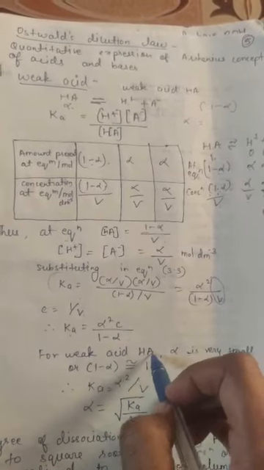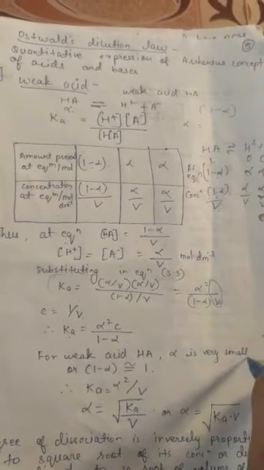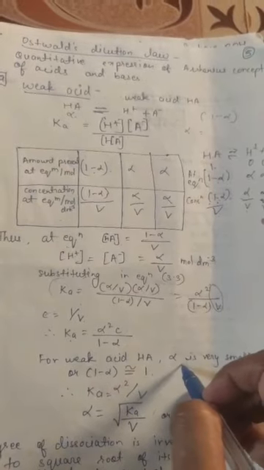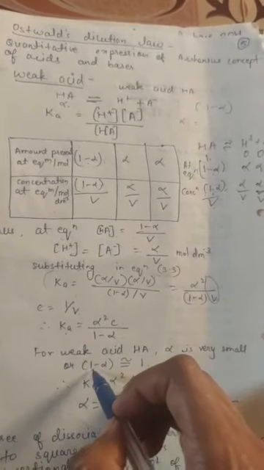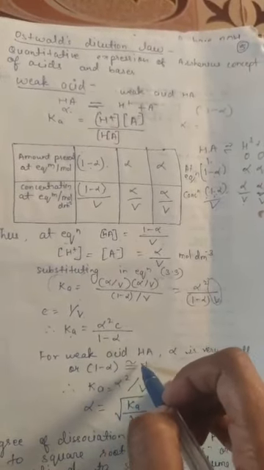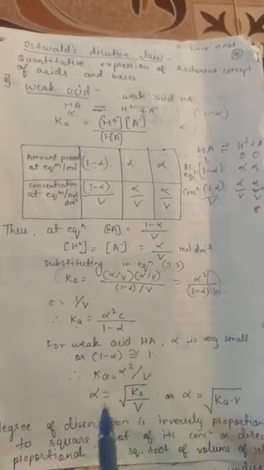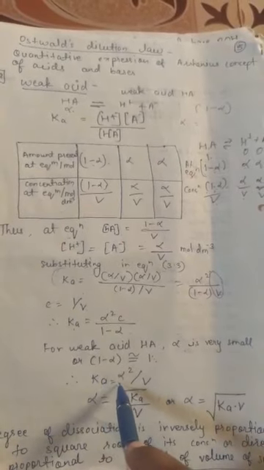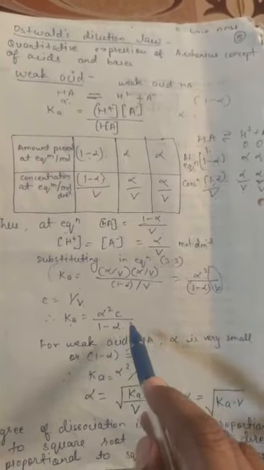For weak acid HA, alpha, the degree of dissociation, is very, very small because it is a weak acid, so 1 minus alpha is approximately equal to 1. Therefore, the equation comes out to be Ka is equal to alpha square upon V.